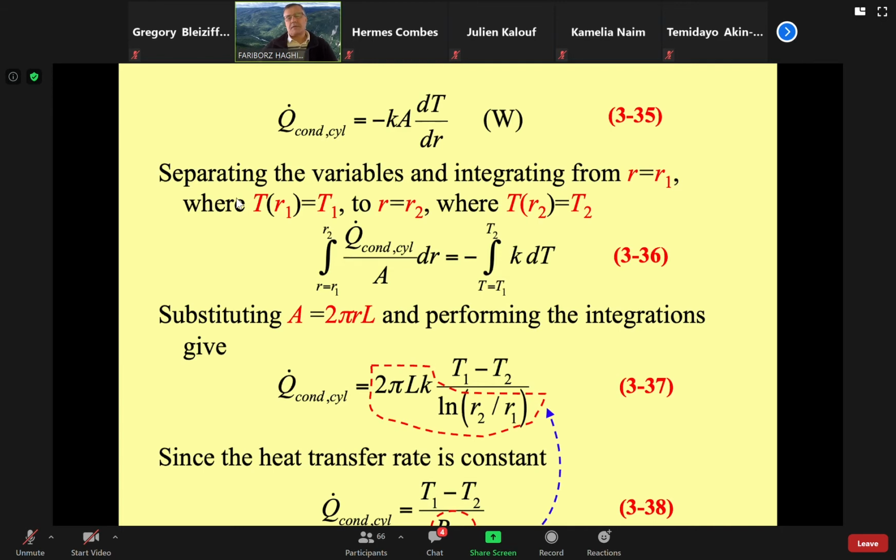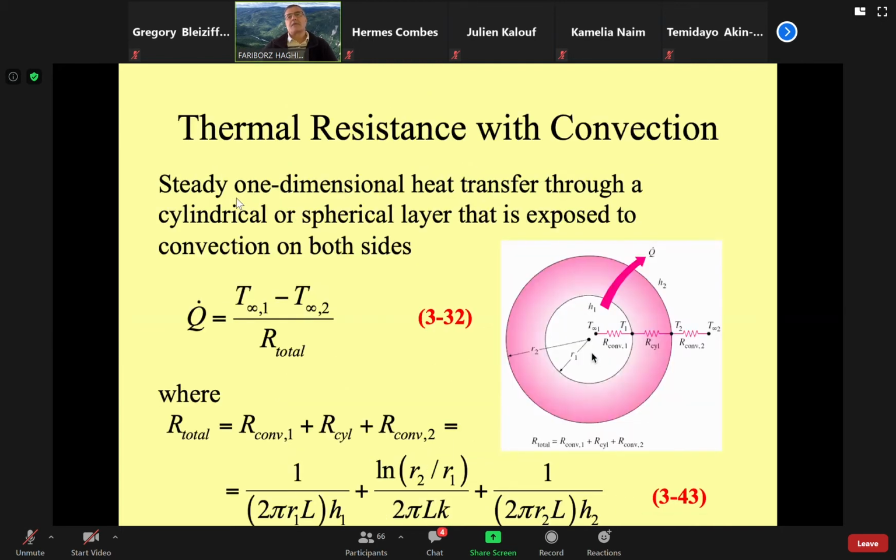For example, if I look at this scenario where I have a fluid passing through the pipe, the temperature inside is T infinity, and outside is T infinity here. Therefore, I have convection here because the fluid is passing, you have conduction through the solid material, and you have convection outside. We already know how to define these two convections.